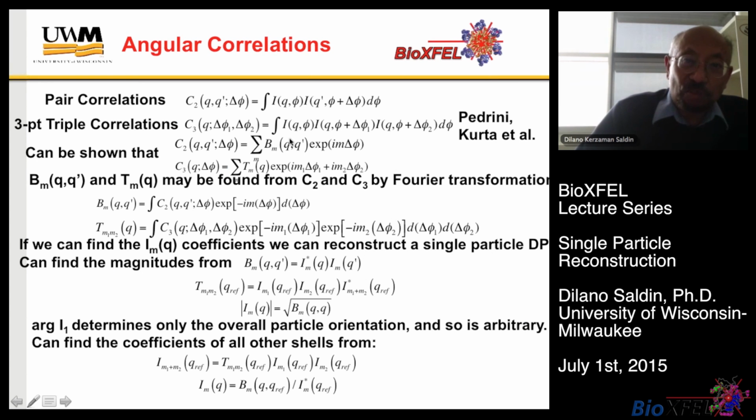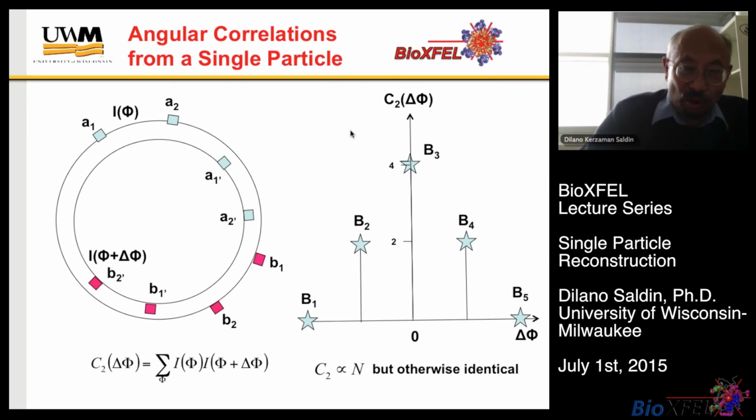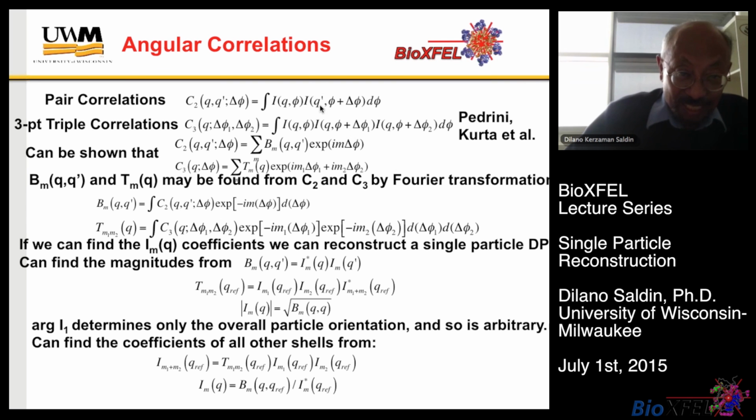Now, how do you get useful information out of this? As I said, this correlation function can be found for any number of particles. And if you have a large number of particles, the correlation function will be the same, at least in 2 dimensions.